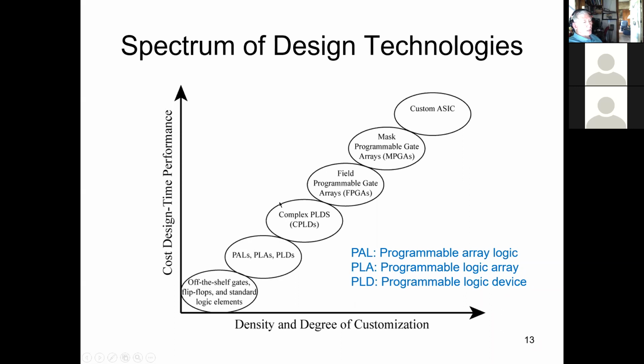We still use CPLDs, so they're out there. They're just much smaller than FPGAs, but they can be useful for a little bit of glue logic to connect two different systems together. But mostly what we're doing are field programmable gate arrays. These are big chips. Some of those chips have more than 1,200 pins on them. Just the chip we're using on our little board has 325 pins. So you look at the little chip in the middle of your Nexys 4 board, 325 connections.